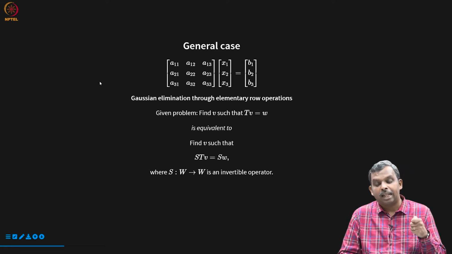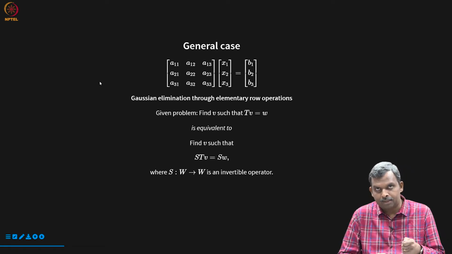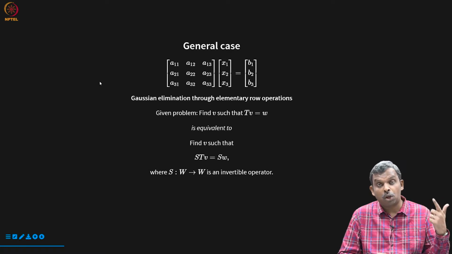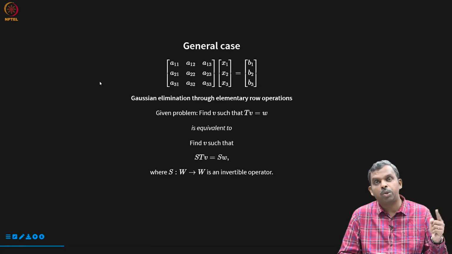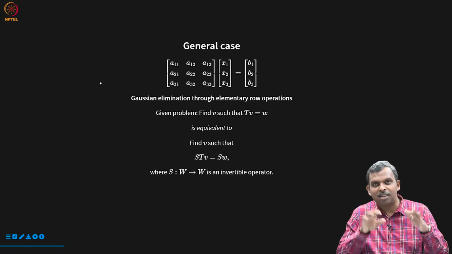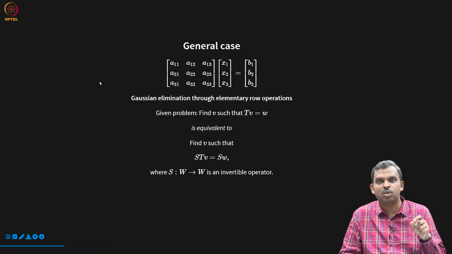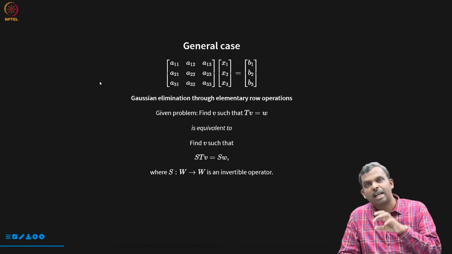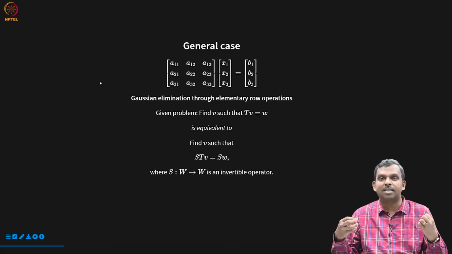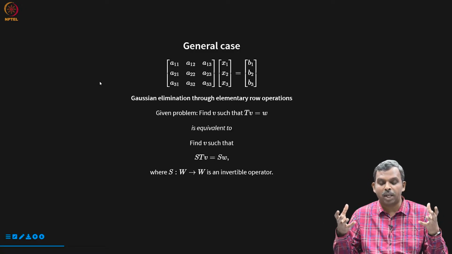You can take an invertible operator S from W to W. Okay, so T times V has already taken you to W. Now you take an invertible operator S from W to W and then operate on it, compose that to this equation, so to speak. So instead of just looking at TV equals W, I look at STV equals SW, and these two are in fact equivalent because S is invertible, right? So it's easy to see why they have to be equivalent.